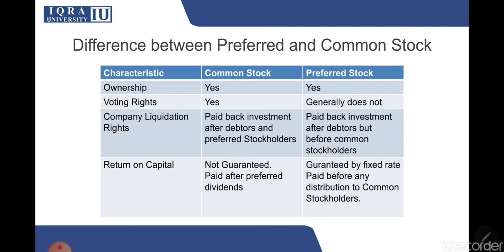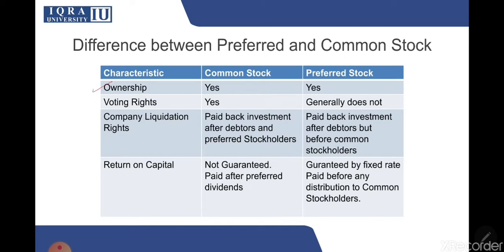Now, there are two types of shares. You have common stock and you have preferred stock. Even if you purchase a common stock, even if you purchase a preferred stock, in both cases you will be owners of the organization.